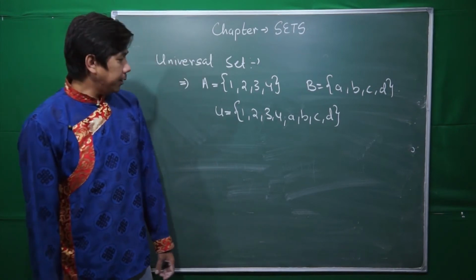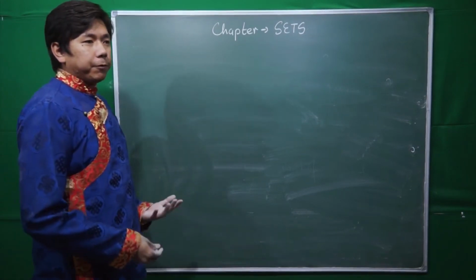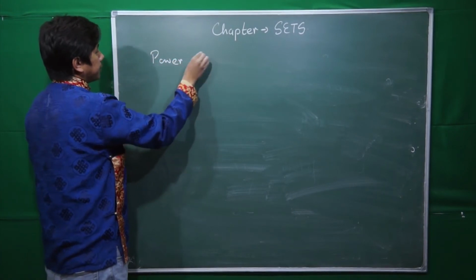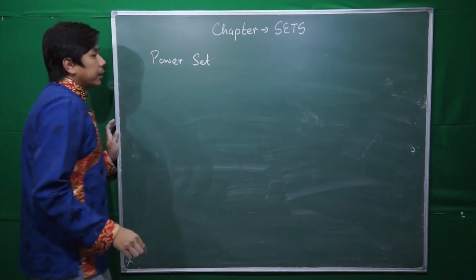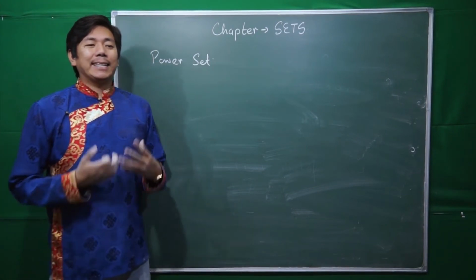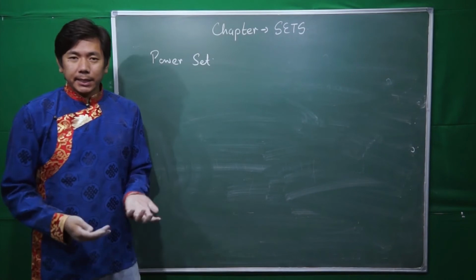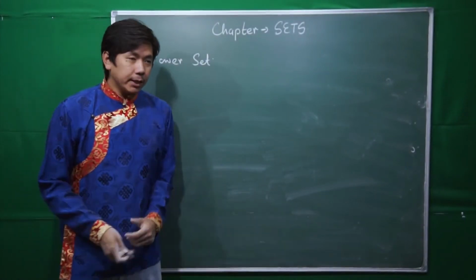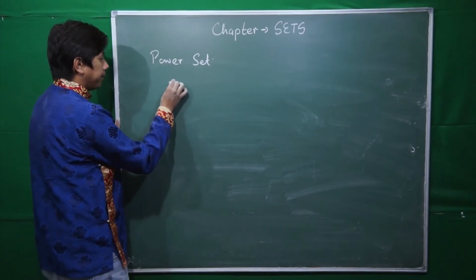Okay, clear? Now for the last topic for today, we were talking about power set. What is a power set? Okay. Now power set is defined as a set that contains all the subsets of a given set. Okay. If it's confusing, let's write it down. What is a power set?